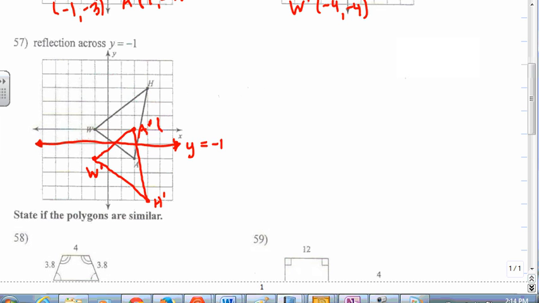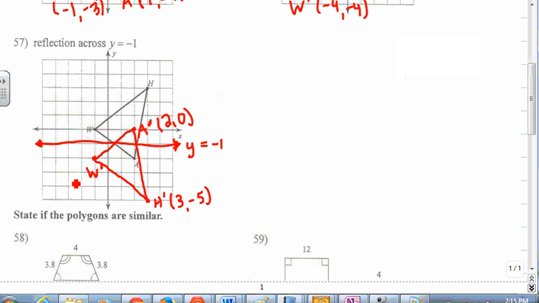All right, what's the location of A prime? 2, 0. What is our location of H prime? 3, -5.